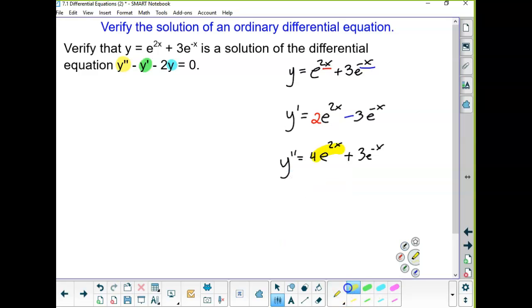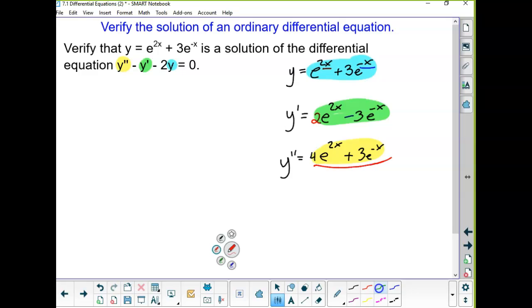And now you notice I have all the pieces that I was looking for to satisfy this differential equation. So our job now is to plug all those in and be very conscious of that negative and show that when I do this, I'll get 0. So let's see. I'm going to use red for the second derivative.